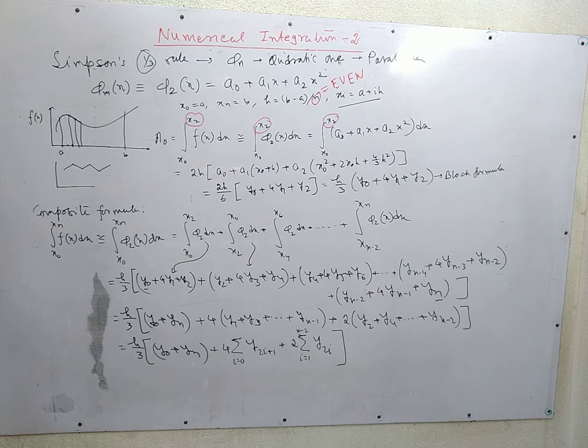Another point that I want to make clear is that it is a common concept among people that numerical integration means we ought to divide the interval into a large number of intervals.